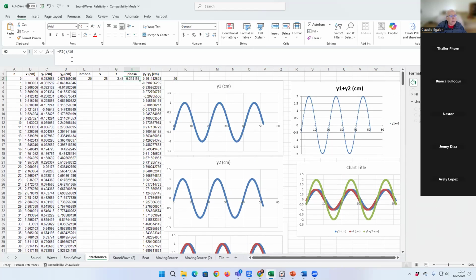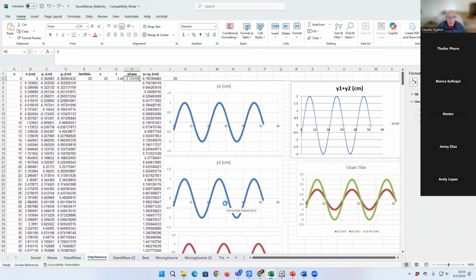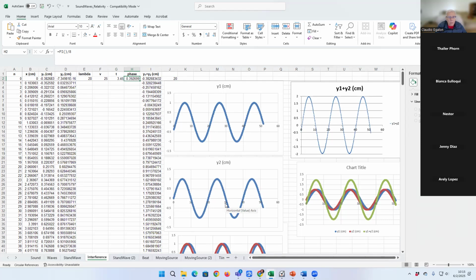Now, if we increase the amount of phase, let's see, pi divided by 8 now. The wave moved a little bit. Do you see that? I'm going to revert it back. Here you go. There's a small difference. The wave that's moving is this one right in here, because this one I'm not changing at all.